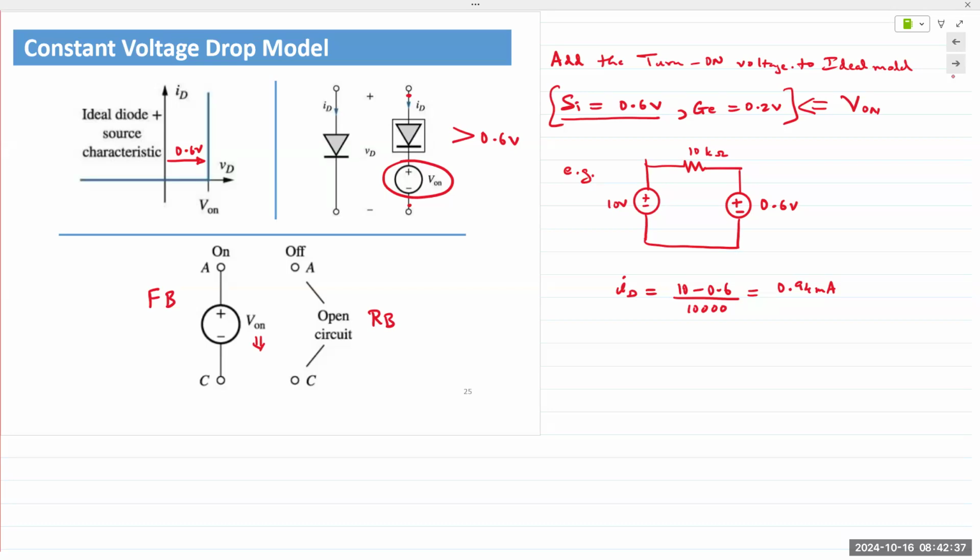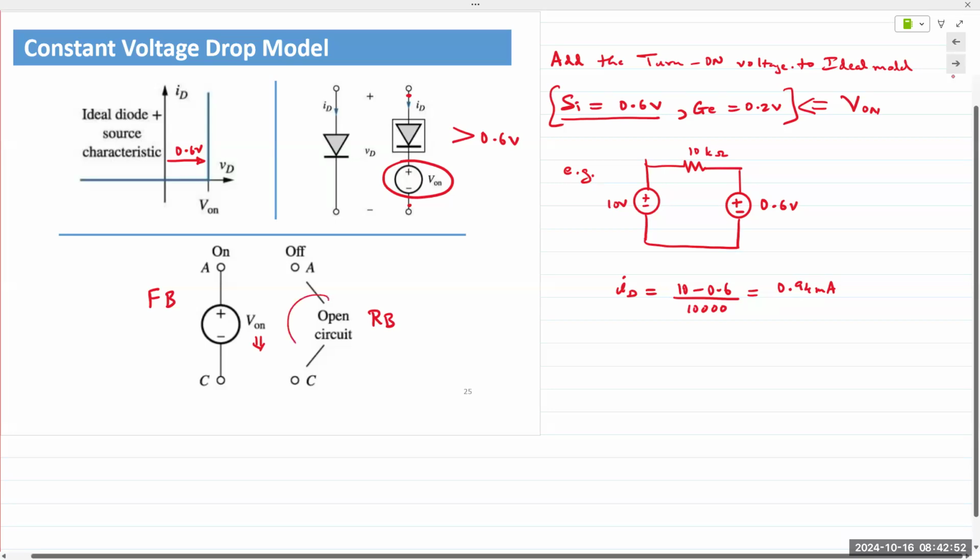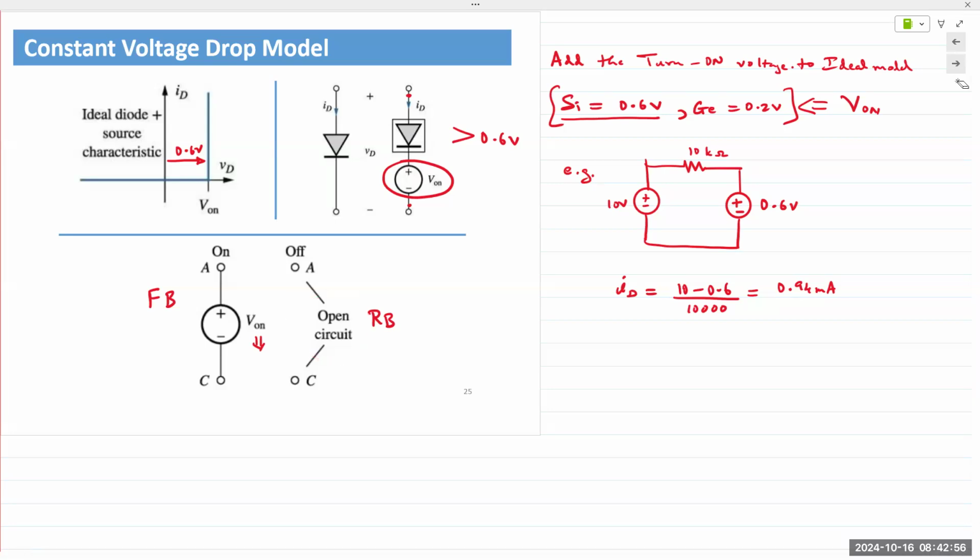Then that is not consistent with the assumption we made earlier, meaning our diode is not on, it's actually off. So then we go back and analyze it with the diode off. When the diode is off, we are not reversing the voltage source. We simply replace it with an open circuit.